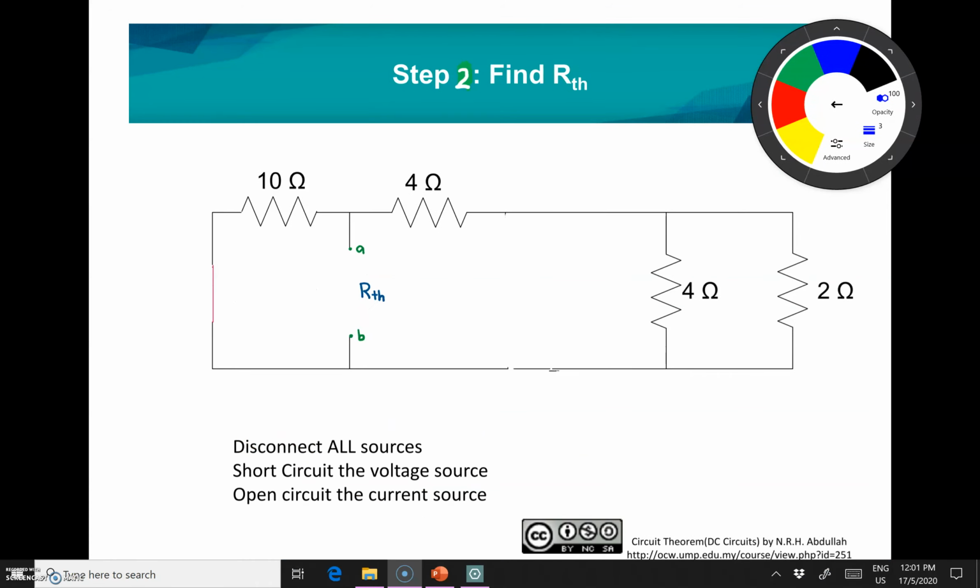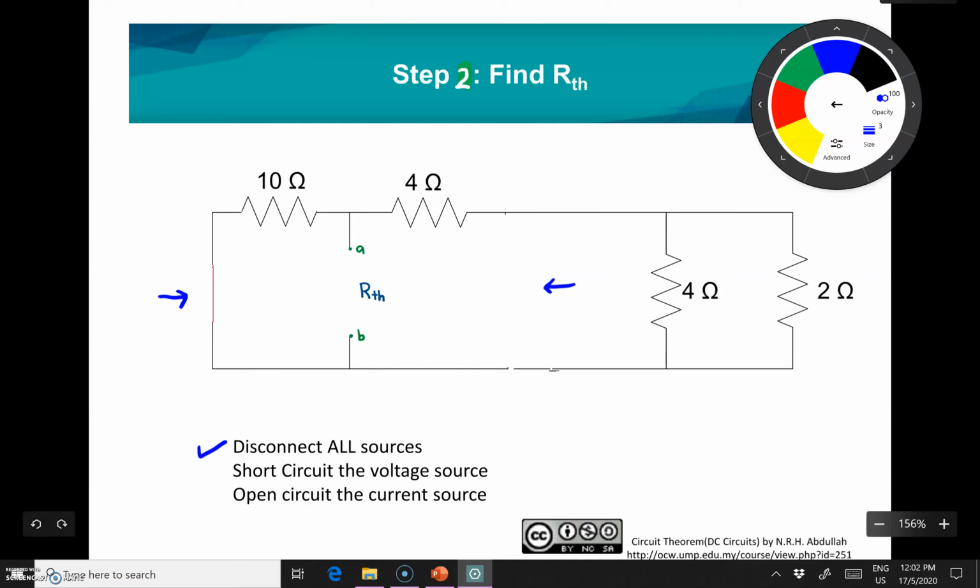In step 2, you have to find the R Thevenin. So where is R Thevenin? R Thevenin is at the terminal A to B. How to find the R Thevenin? The first step is to disconnect all sources. As you can see, this circuit consists of a voltage source here and a current source here.